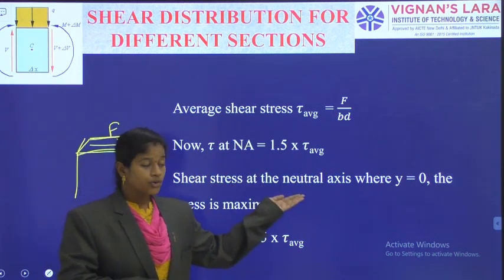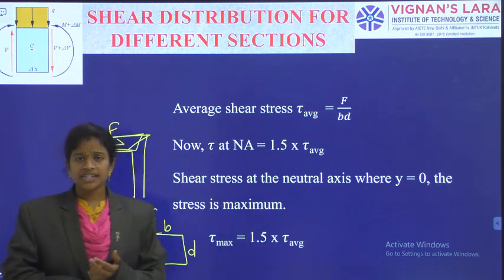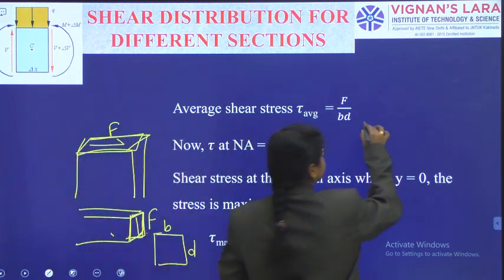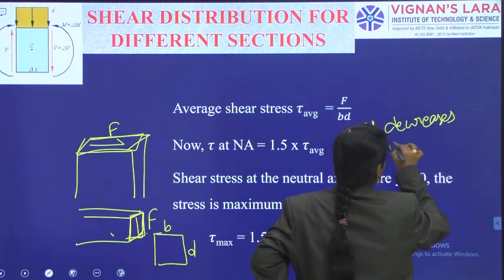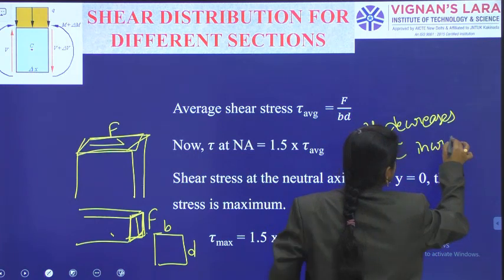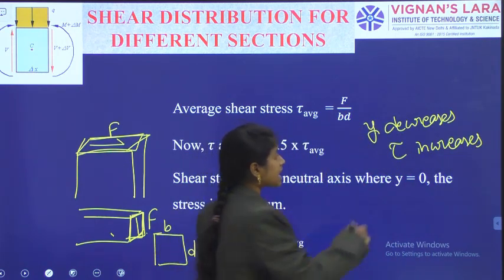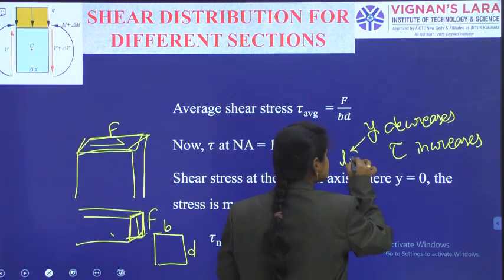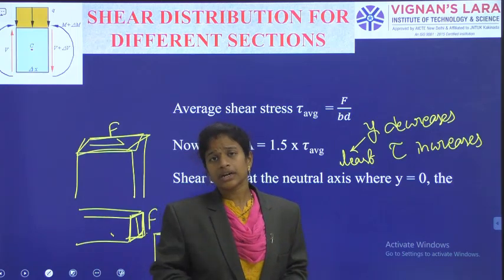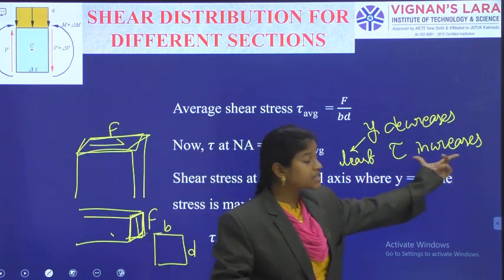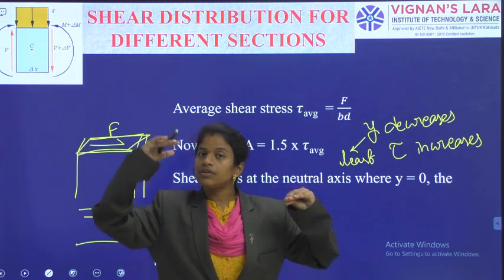Shear stress at the neutral axis, where y is equal to 0, is the maximum value. As y decreases, tau increases. As y becomes the least possible, and least means y can go to 0 only, tau becomes its highest.